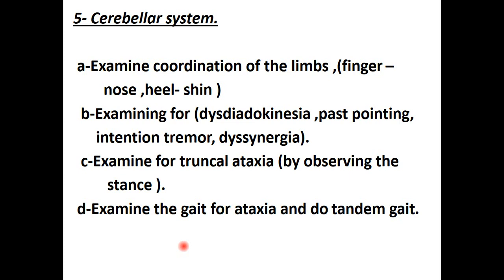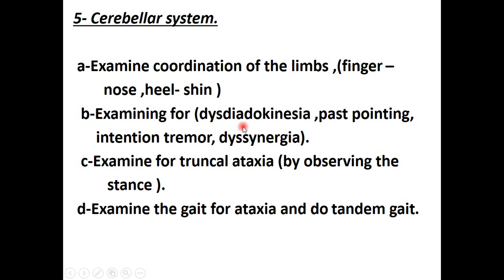Then finally, after we finish examination of the general neurological, cranial nerve, sensory system and motor system, comes the cerebellar system examination. Cerebellar system examination is important. Examine the coordination of the limbs by doing the finger nose test. He tries to touch his nose with his finger repeatedly, or the heel shin test. We also see it in the ward, and it should be done.